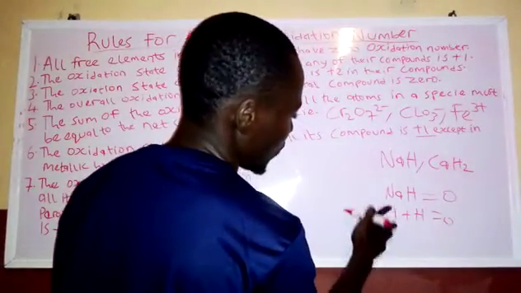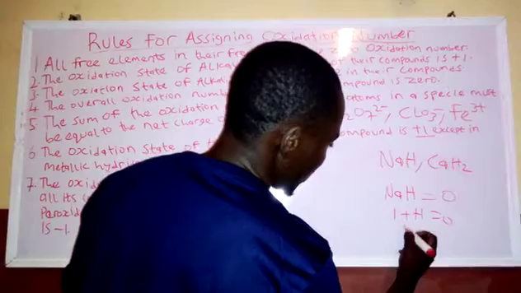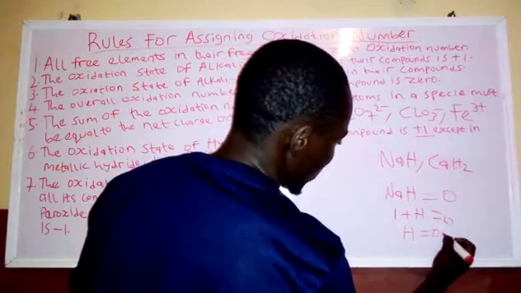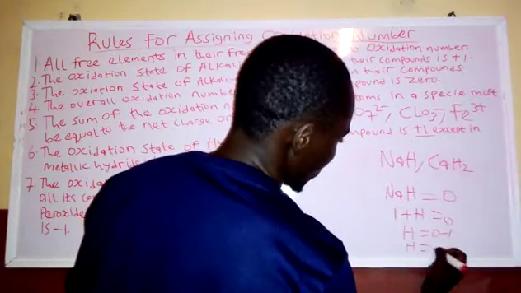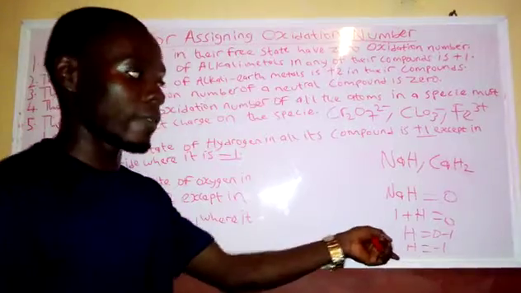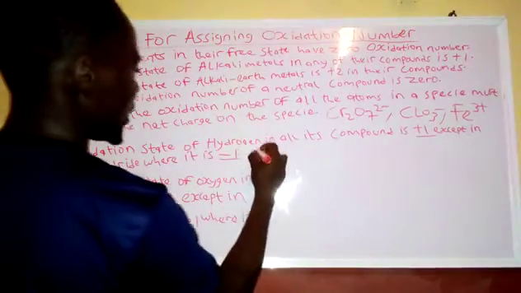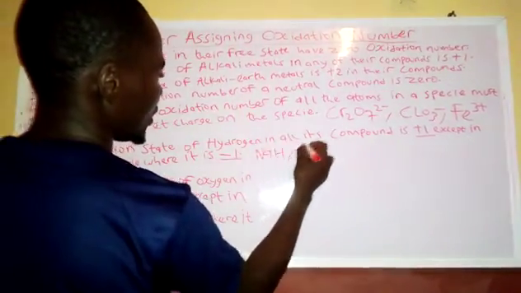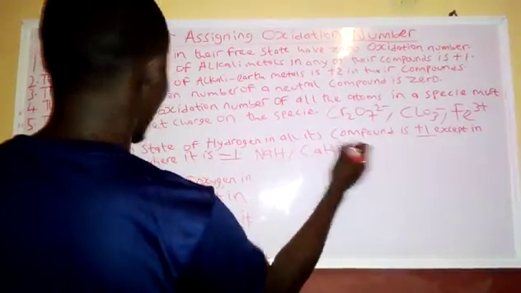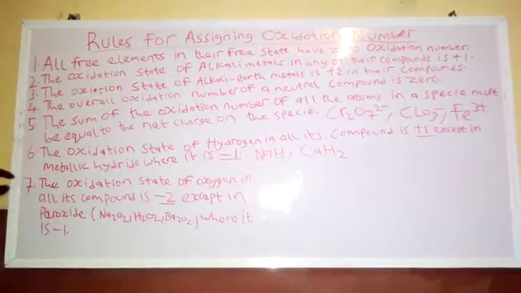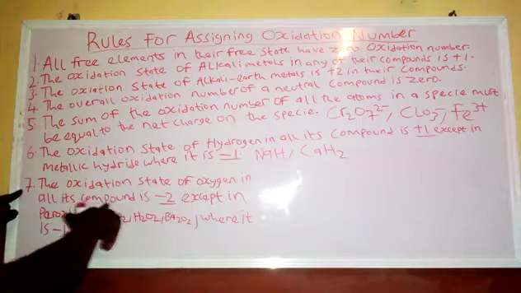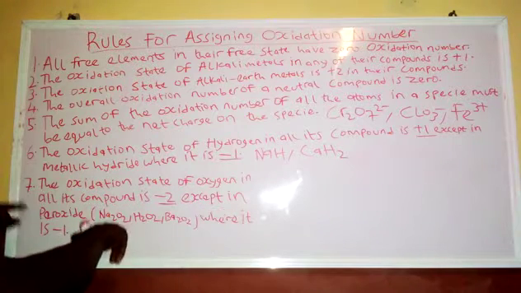So H equals 0 minus 1, so H equals minus 1. You can see that the oxidation number of hydrogen here is minus 1. Let's continue. The same goes for CaH2. I've shown you metallic hydrides: NaH and CaH2.